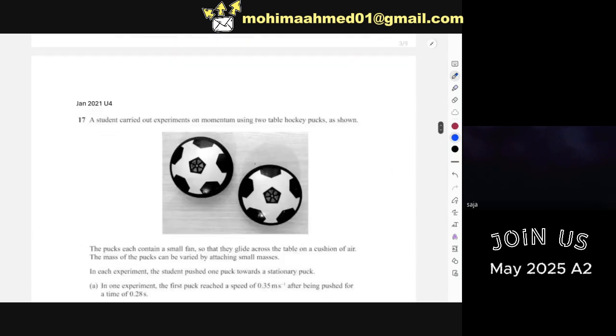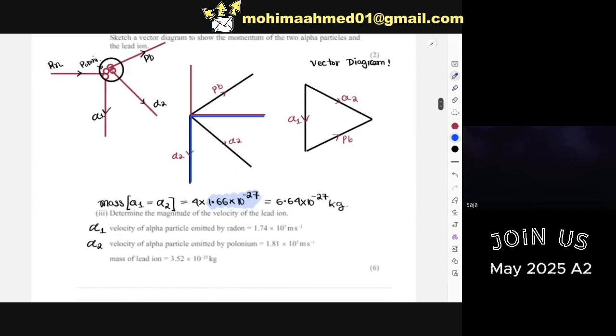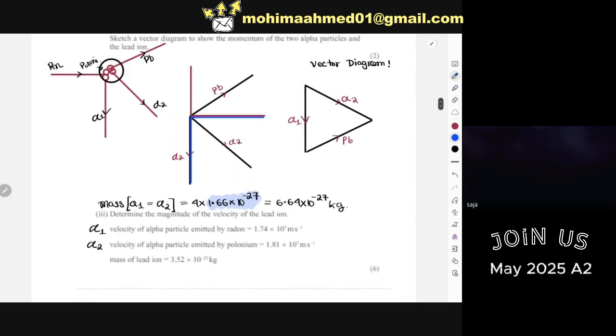Okay, 1 minute, let me see. I do not have much space. Actually, I'm just going to focus on this diagram. Now again, I can clearly see that the vertical component of lead, I do not know exactly what angle it was creating, but the vertical component of lead was equal to the alpha 1.